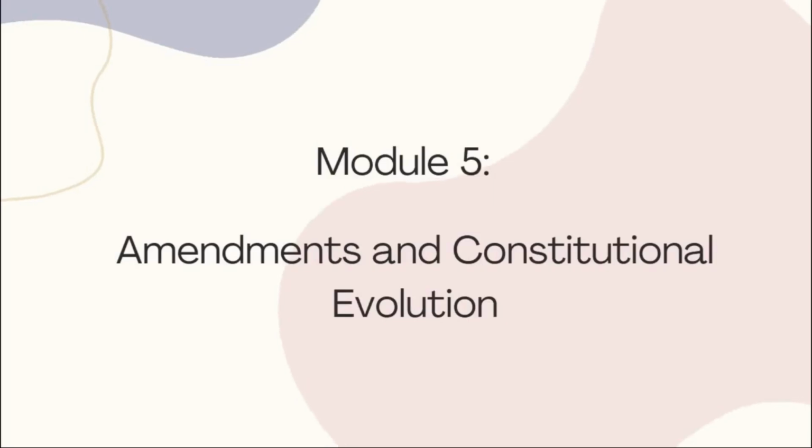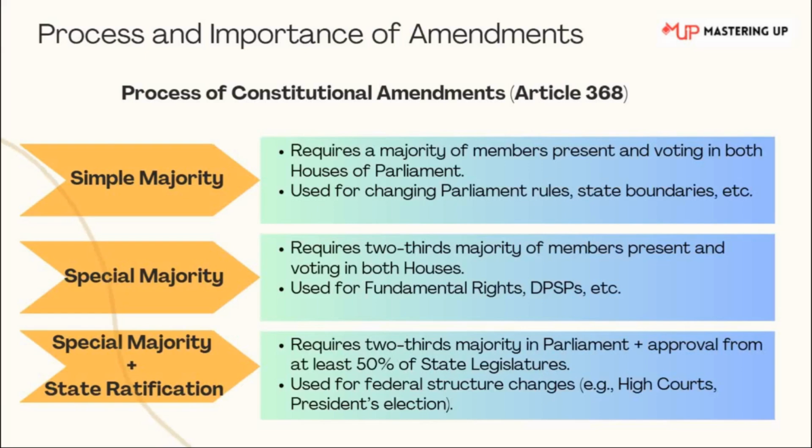In this module, we look to understand the procedure of constitutional amendments and constitutional evolution. The procedure of constitutional amendments as specified under Article 368 has been adopted from the South African Constitution.